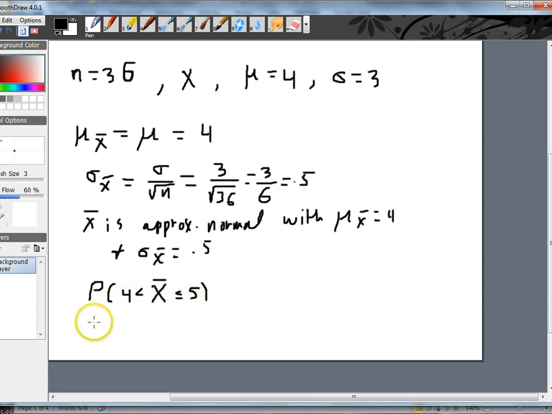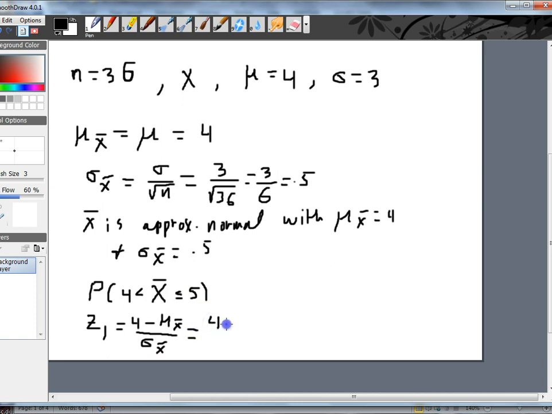So what's the z-score of 4? z1 is going to be 4 minus the mean of x bar, divided by, I just want to emphasize that, sigma of x bar, because we're working with x bar here, not x.